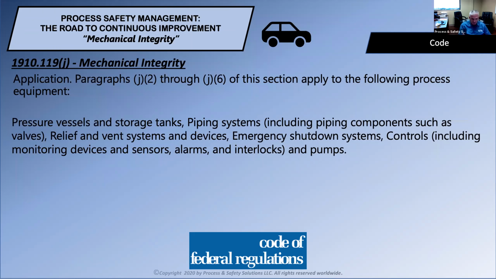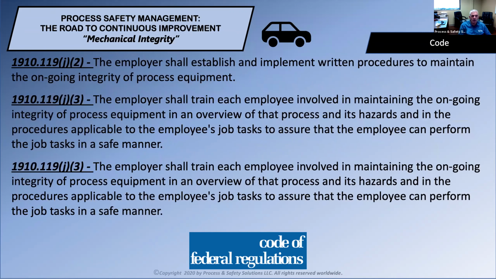Oftentimes I tell people if the HAC, the hazardous chemical, can come in contact with it or it is controlling that hazardous chemical in any way, it would fall under mechanical integrity. So just about everything that shows up on a P&ID, plus a little bit more, should be in your mechanical integrity program.